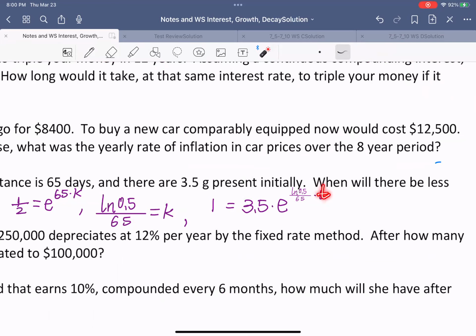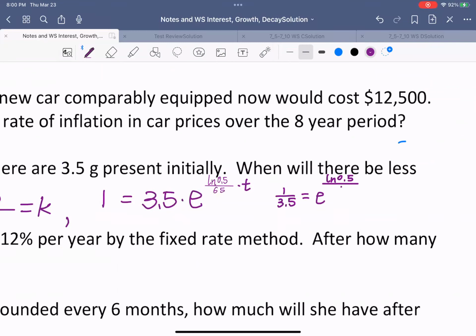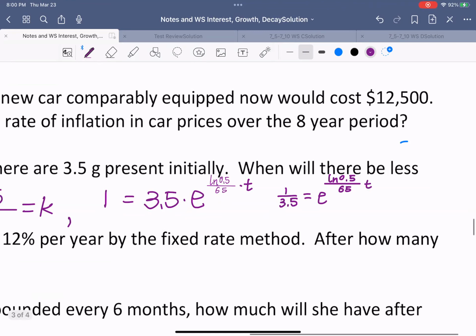How do we solve this t? We will do the ln. We will do 1 over 3.5 equals to this. Correct? And then we will do ln.